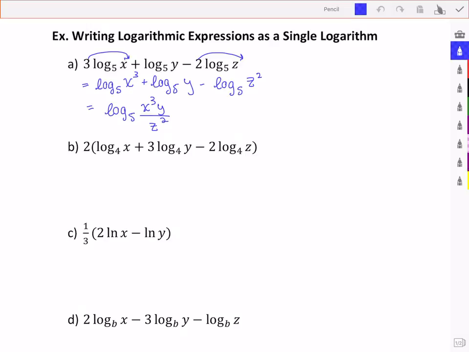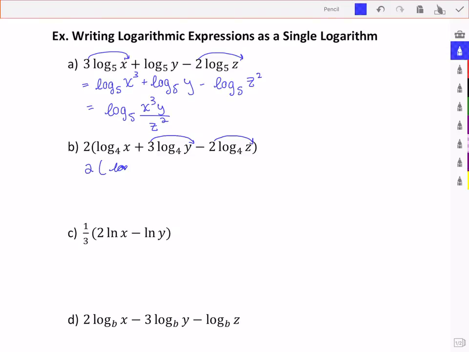All right, so this next one I have is 2 times log base 4 of x plus 3 log base 4 of y minus 2 log base 4 of z. Just starting inside the parentheses, using PEMDAS basically here, I'm going to take my 3, make it the exponent on the y, take the 2, make it the exponent on the z.